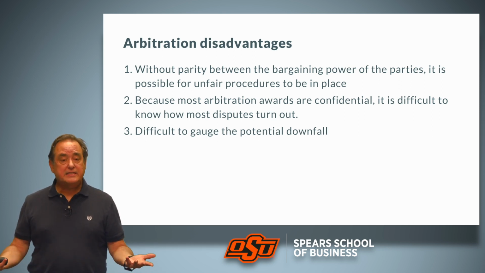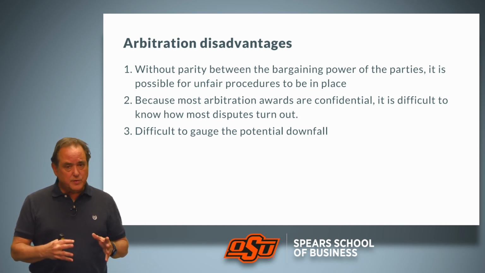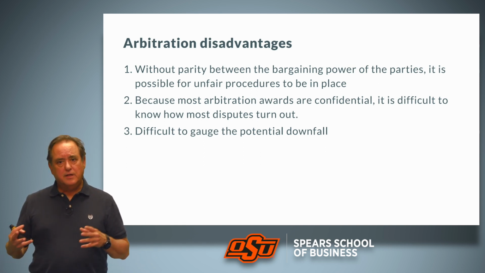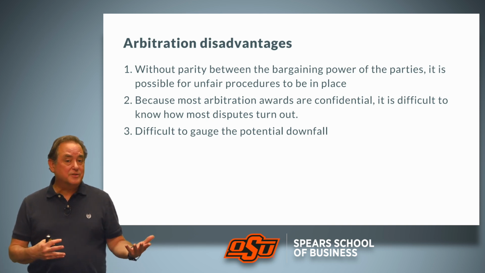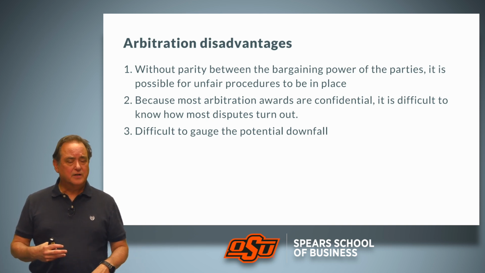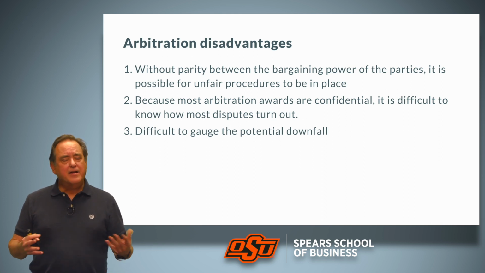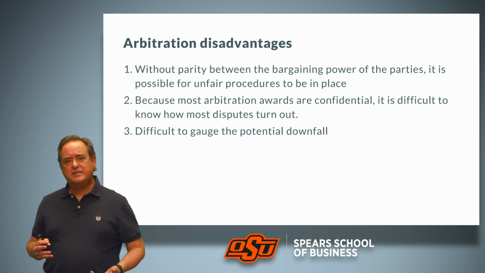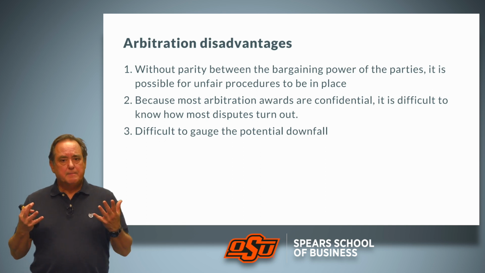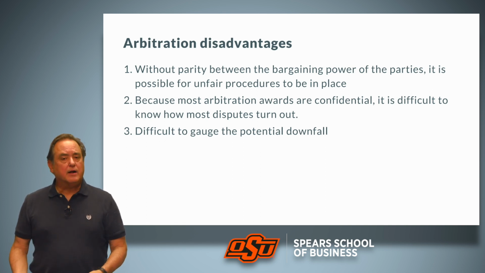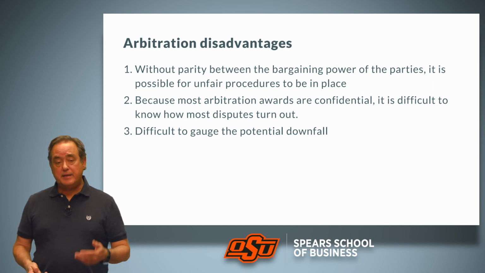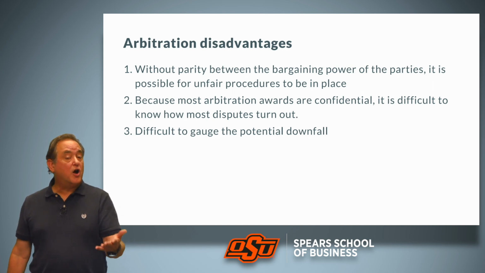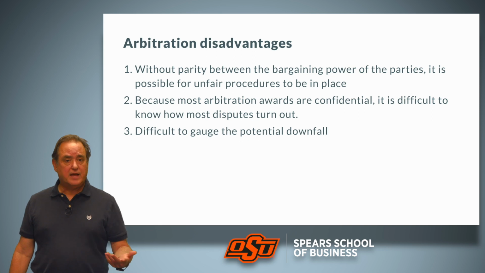People know what the cases are. And so if a situation with similar facts appears, then the parties will be able to have some general idea of how that is often going to be resolved. Very difficult to gauge those matters in arbitration. What that means is that you may not be fully aware of the risk that you are facing in an arbitration proceeding. It may exceed what you thought was the potential downfall.